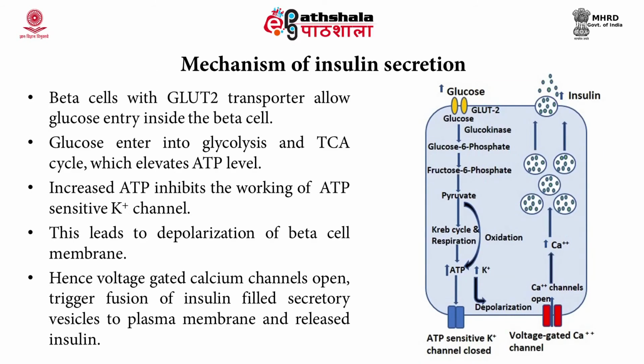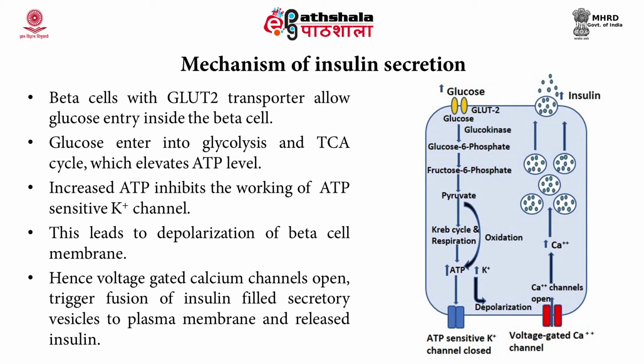Now let's discuss the mechanism of insulin secretion. Beta cells have mainly 2 glucose transporters, GLUT2 and GLUT10, on their plasma membrane. Primarily GLUT2 allows glucose entry inside the beta cell in proportion to the blood glucose concentration. Once inside the cell, glucose is converted into glucose 6 phosphate by the enzyme glucokinase and enters cellular glycolysis followed by the TCA cycle.